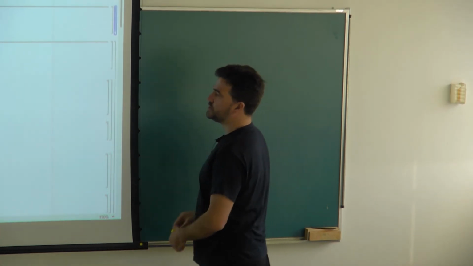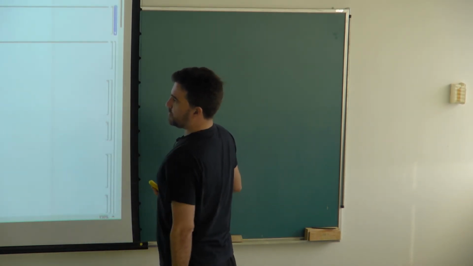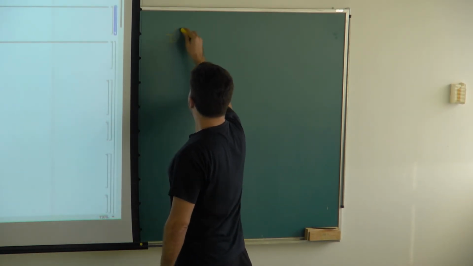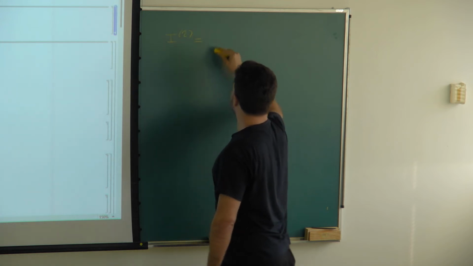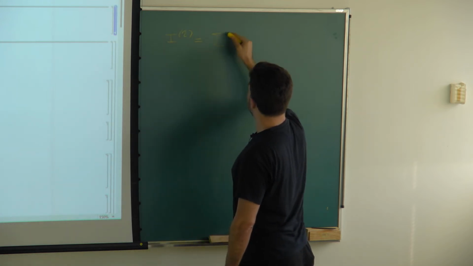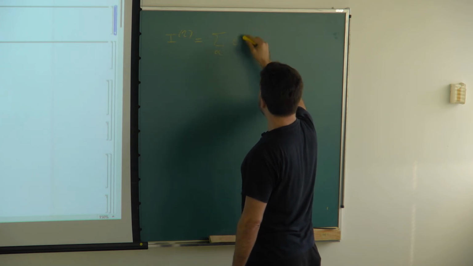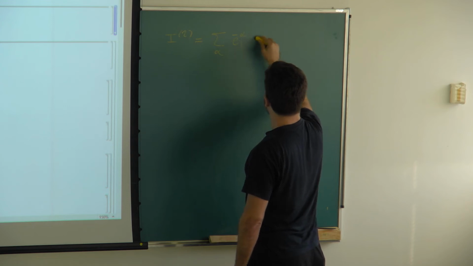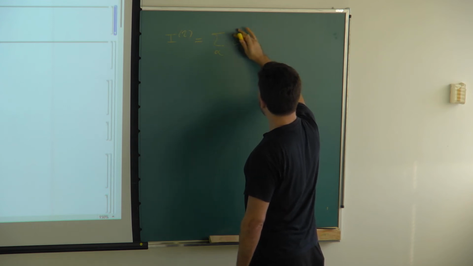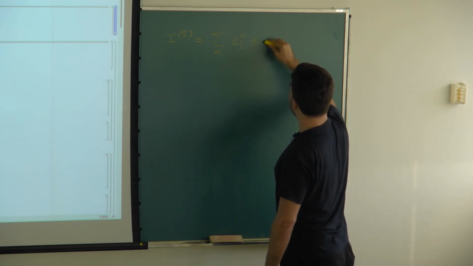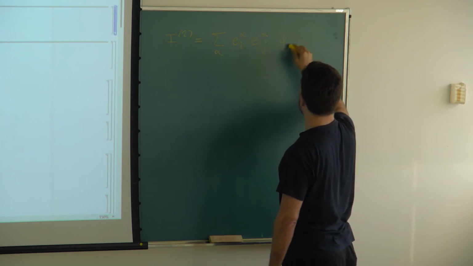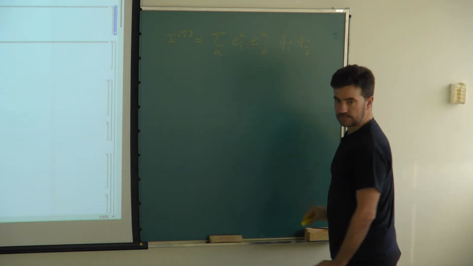what we do is, for example, write the first invariant, and this invariant is the sum over alpha of E_i alpha. Now they are components, so I don't need to write alpha, and then phi_i, phi_j.